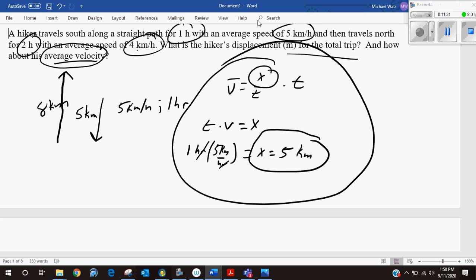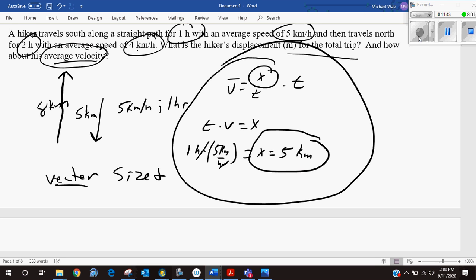Okay, so what is the hiker's displacement for the total trip, and how about his average velocity? Andrew has the right answer in magnitude. But let me ask you this. Do you guys remember, if you watched the videos, is displacement a vector or a scalar? It's a vector. And vectors have what?